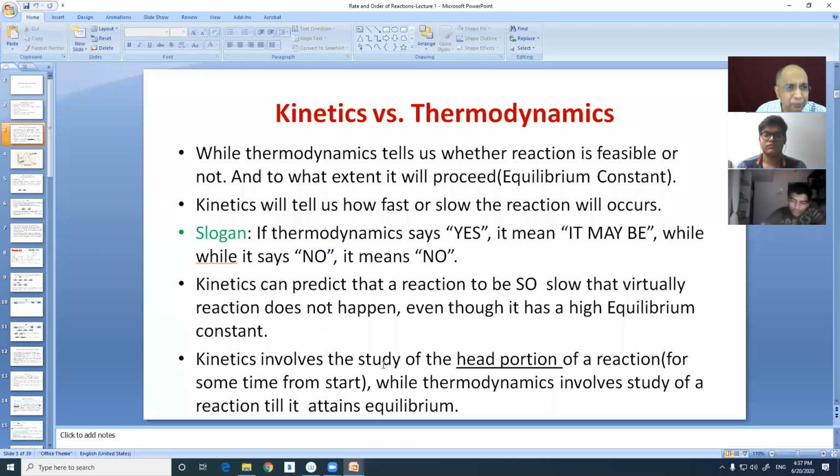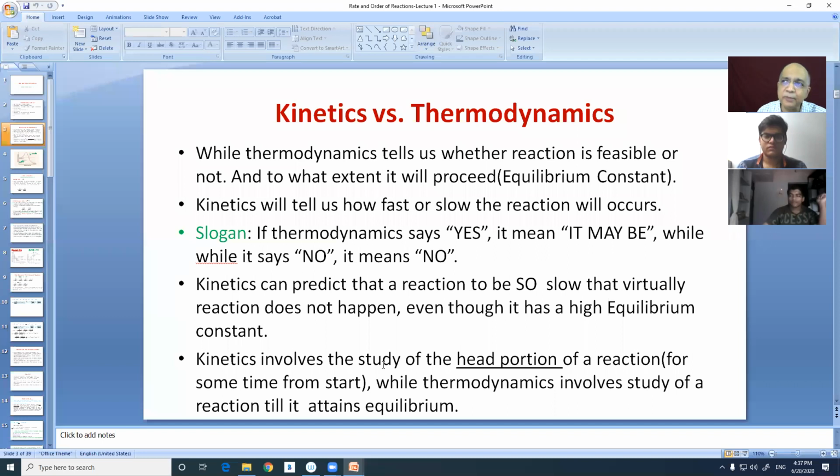But in the laboratory, we ask the students to perform at least 10 experiments, spending a minimum of 1 hour. Every 20 minutes, they will have to remove one reaction vessel and then quench it. Quench it means to put it in an ice bath so that the rate becomes extremely slow, and quickly we have to take the help of volumetric titration to measure what amount of the reactant is left out.